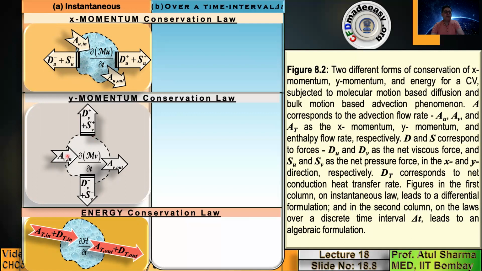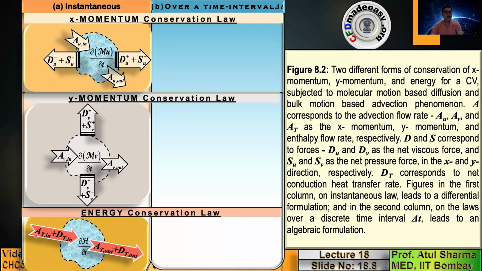For the Y momentum, this is the Y momentum flow rate entering into the control volume. This is the Y momentum flow rate leaving the surface of the control volume. These are the viscous forces in the positive Y direction. These are the pressure forces in the positive Y direction. Similarly, these are in the negative Y direction.